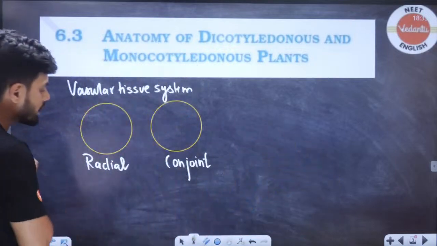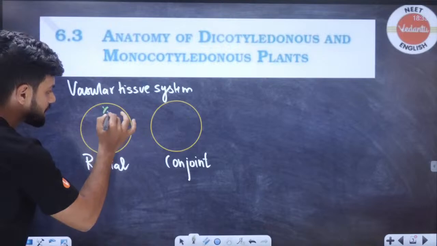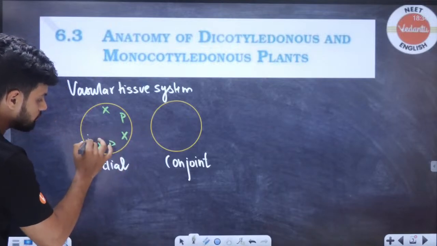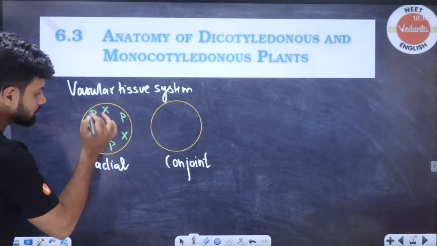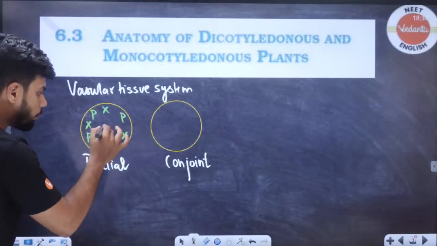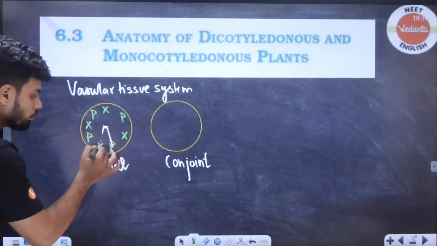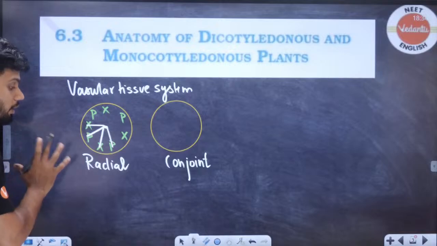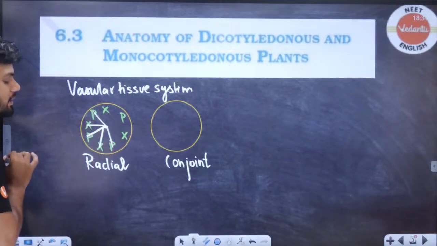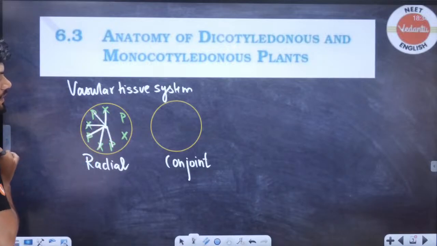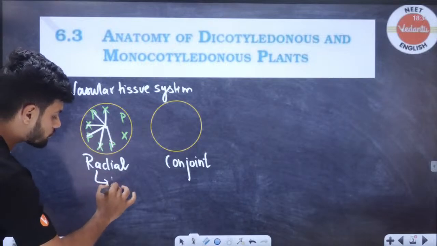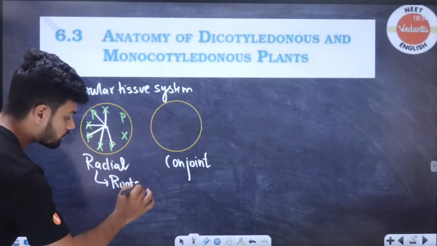In radial arrangement, we have xylem, phloem, xylem, phloem, xylem, phloem, xylem, and phloem, in an alternating manner. Xylem is present on one radius, phloem is present on a separate radius. It is called radial arrangement, and it is found in roots.